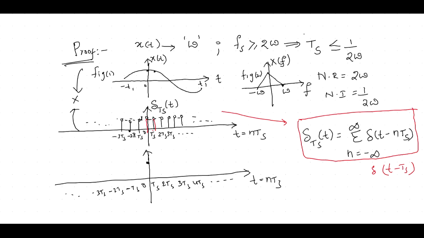Next at t equal to 2Ts, whatever amplitude is there, we will get this. So same envelope we will get, but in the form of samples at t equal to Ts, 2Ts, 3Ts, 4Ts.